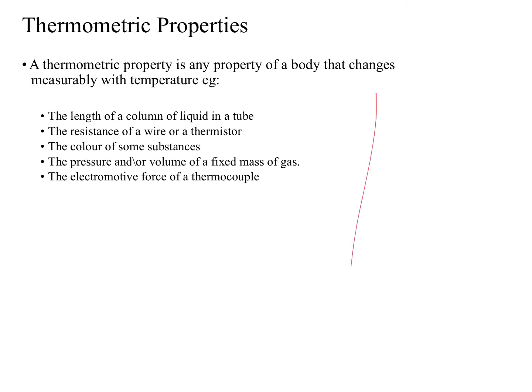We're all familiar with a thermometer that has just a small well of alcohol or mercury or something at the bottom. It's got a liquid at the bottom, and then the body of the thermometer kind of encapsulates that. As it gets hotter, the length of this column of liquid will increase. As it gets colder, the length of the column of liquid will decrease.